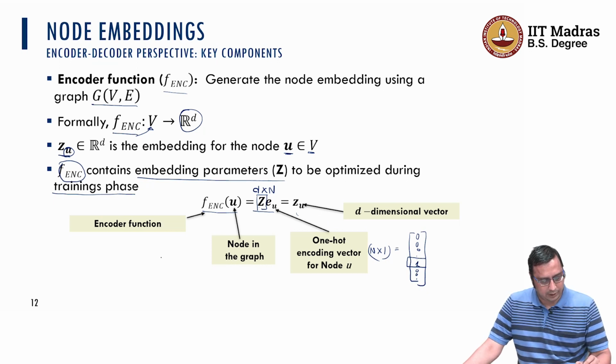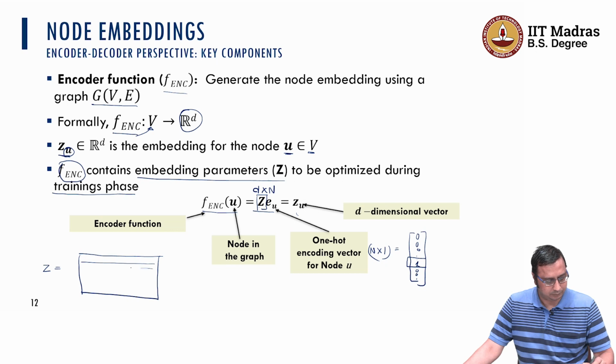If we look at Z as a matrix here, it has d rows and n columns.